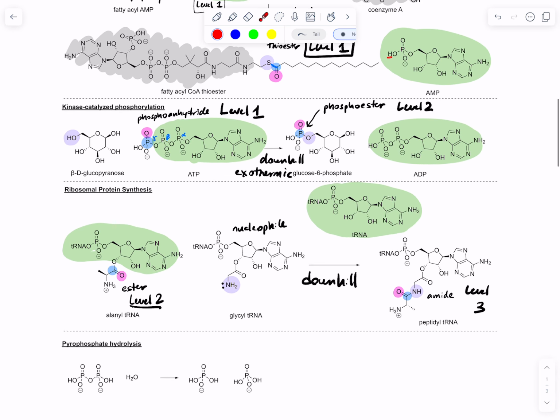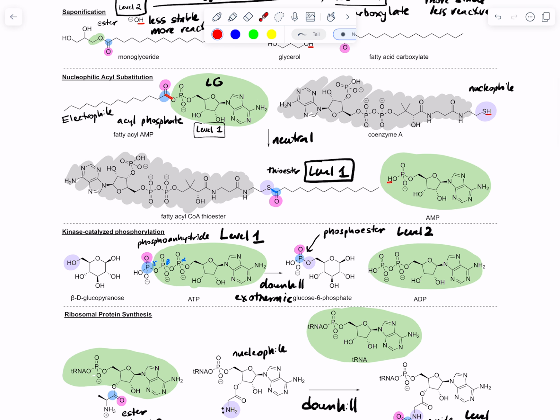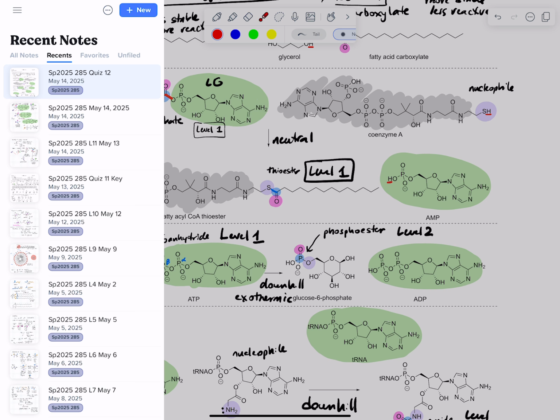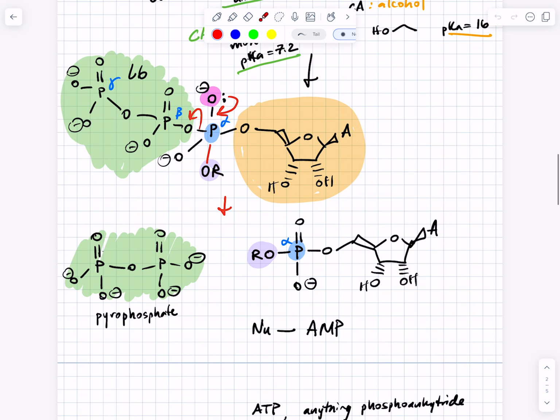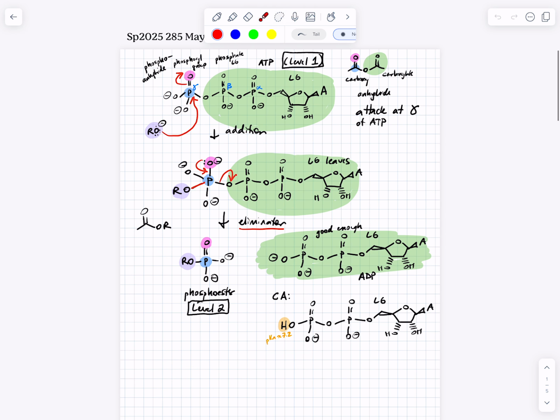Now we want to get to the details of how they happen. What kinds of things go on to enable these kinds of reactions? You've already seen some of them in how we've talked today about ATP.